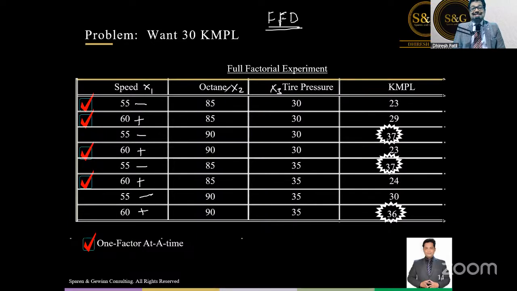Second factor has to alter after every 2 runs. For example, minus minus plus plus, minus minus plus plus. And the third factor has to alter after every 4 runs. For example, minus minus minus minus, plus plus plus plus. And again, when I say minus, I am referring to the lower setting. When I say plus, I am referring to the higher setting, higher level, I would say.